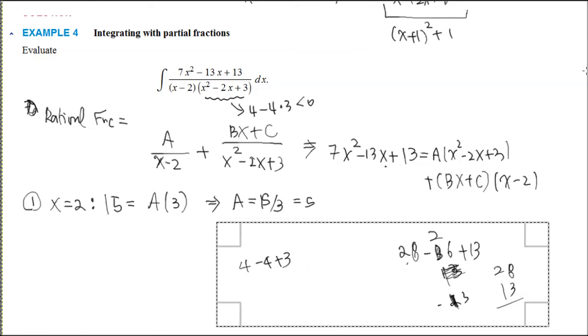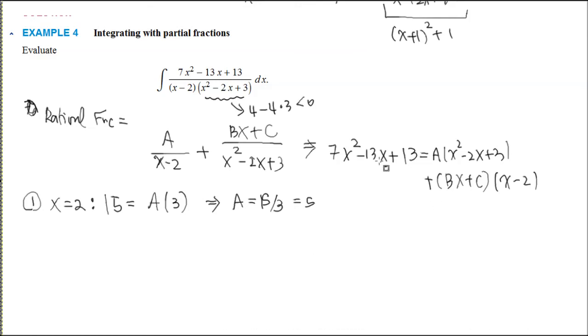Now, A is 5, and B and C are stuck together, and we don't have anything to specialize, right? So what do we do? Go back and plug in 5 and get rid of that portion. Move it to the left-hand side. So use A equals 5.